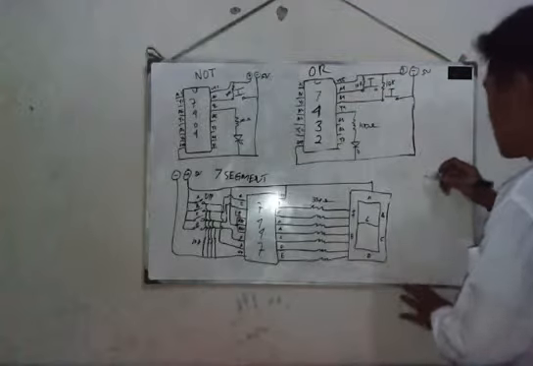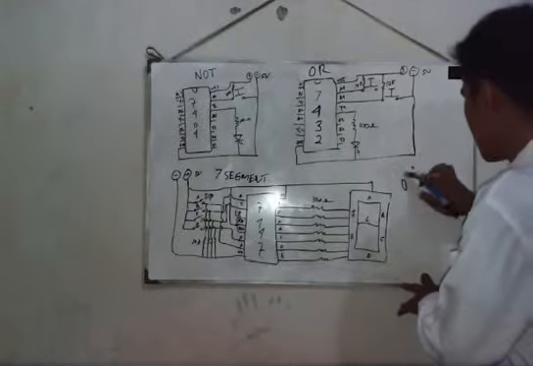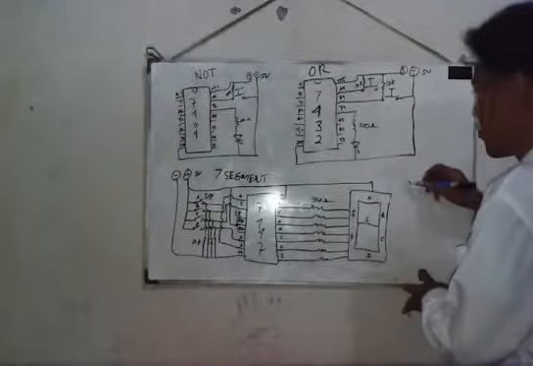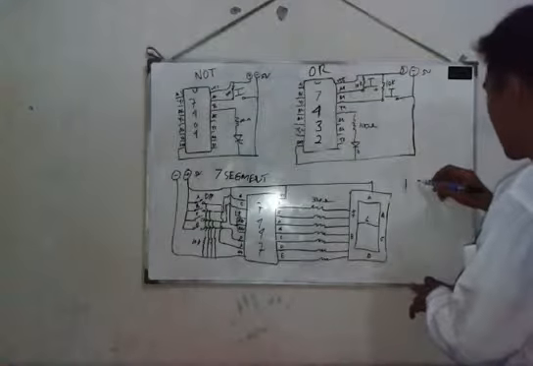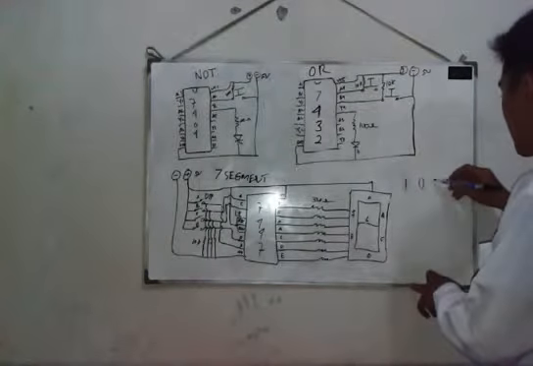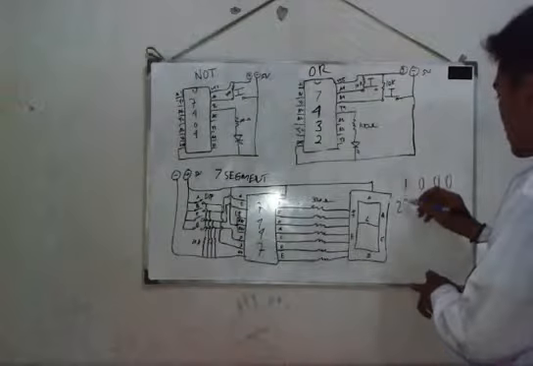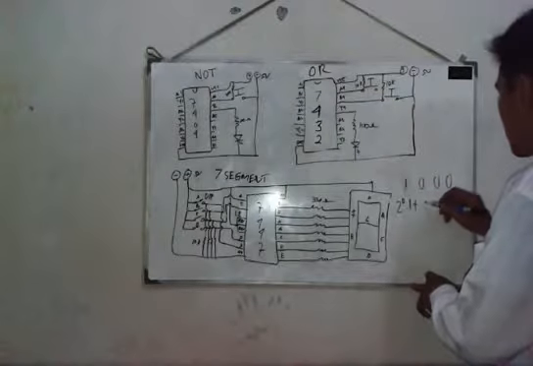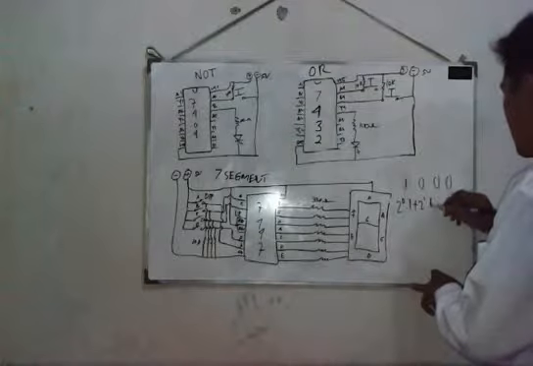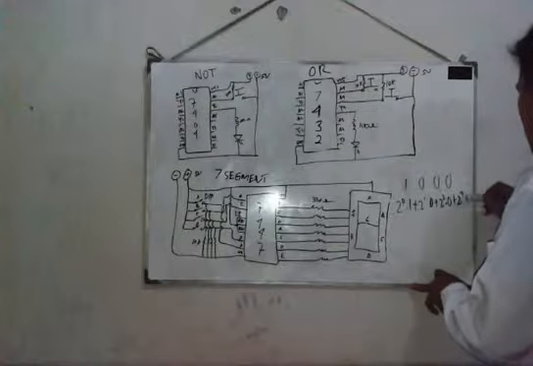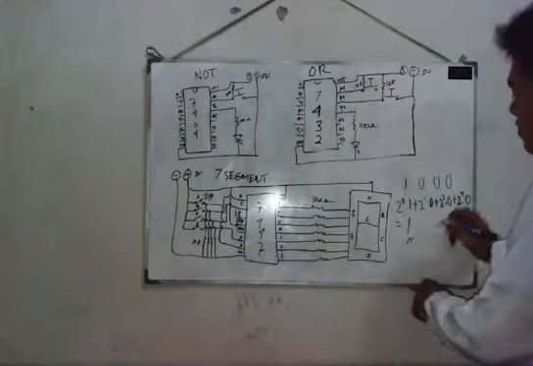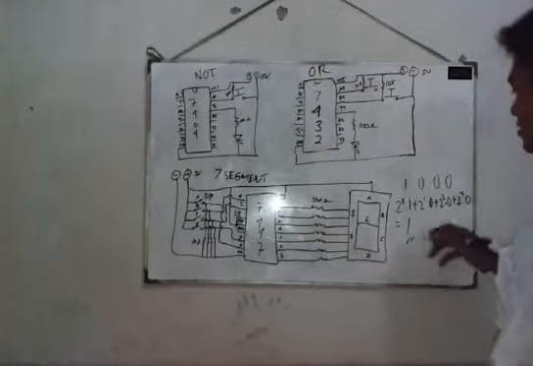If we need 1 in the 7-segment display, we can push the A button up, and then the A button will be 1 and the others are 0. So the 7-segment display shows 1.